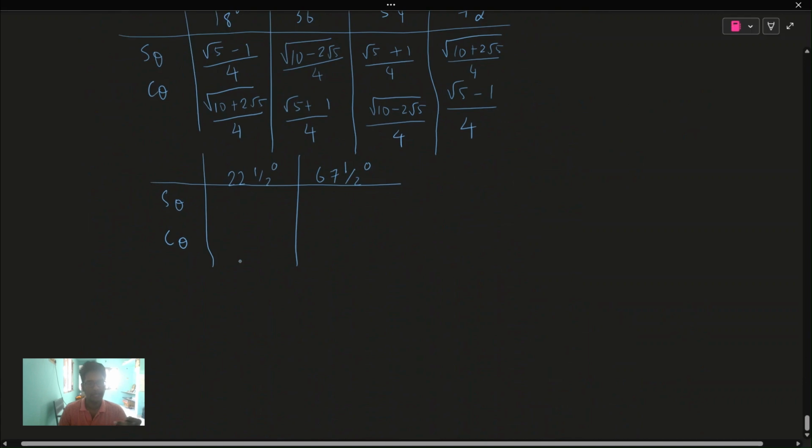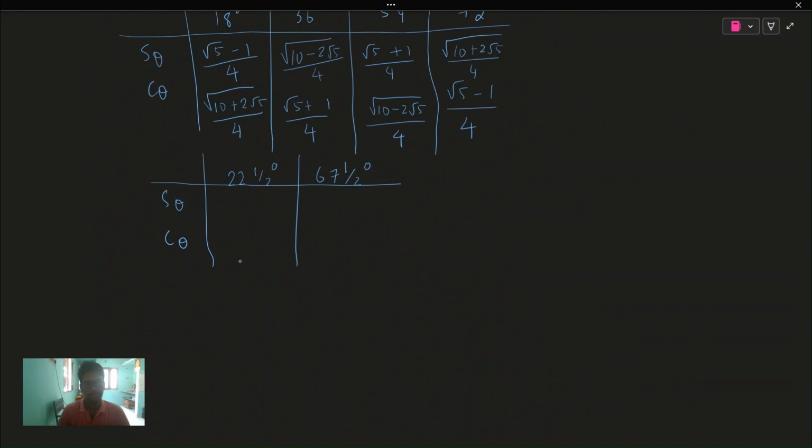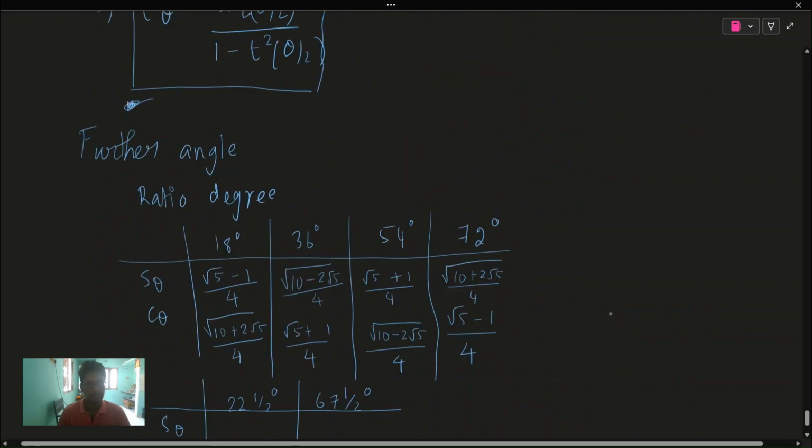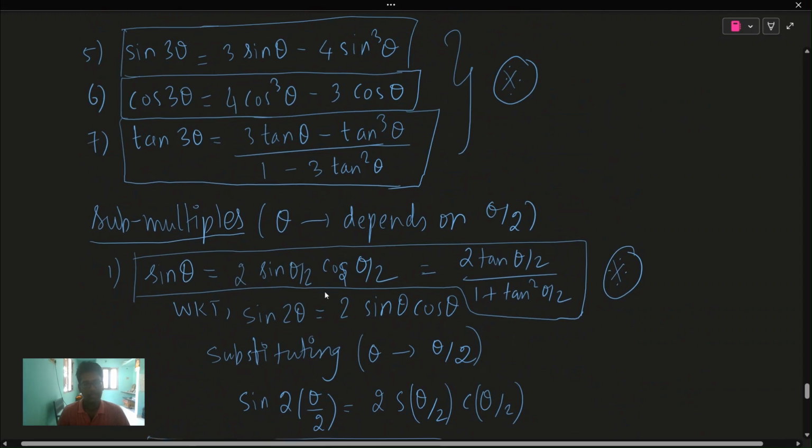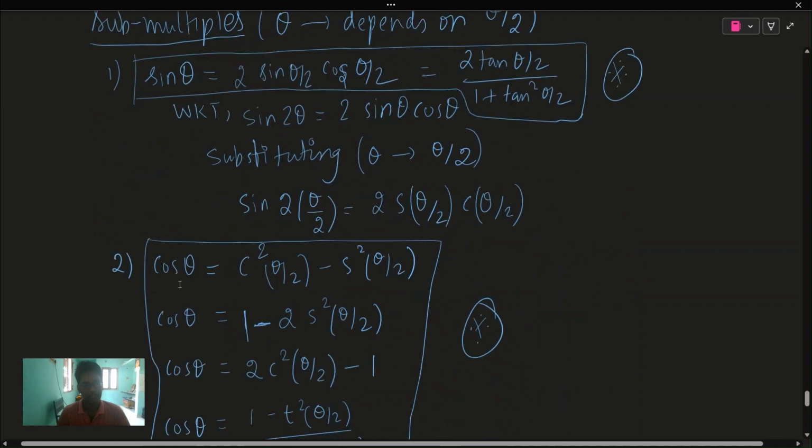See, 22 and a half degree is nothing but 45 divided by 2. So, I would just substitute sin theta is equal to 2 sin theta by 2 cos theta by 2. Sin 45 is popularly known as 1 by root 2, right? So 1 by root 2 is equal to 2 sin theta by 2 cos theta by 2. Same way, I also substitute cos theta here. Cos 45 is equal to cos square theta by 2 minus sin square theta by 2.